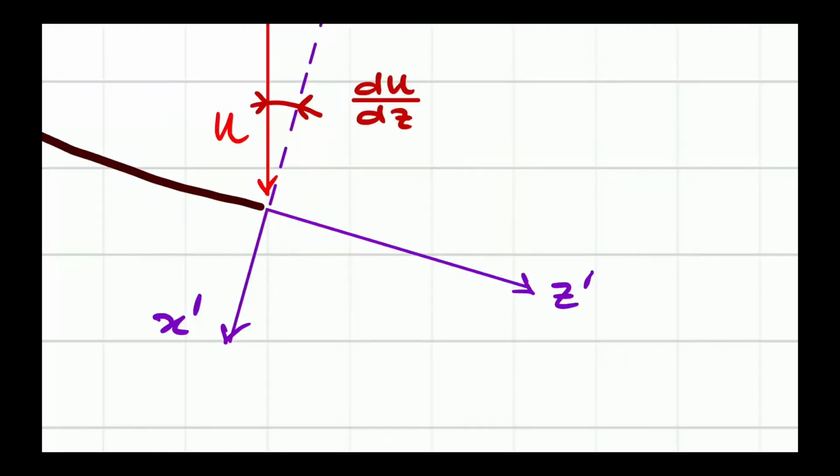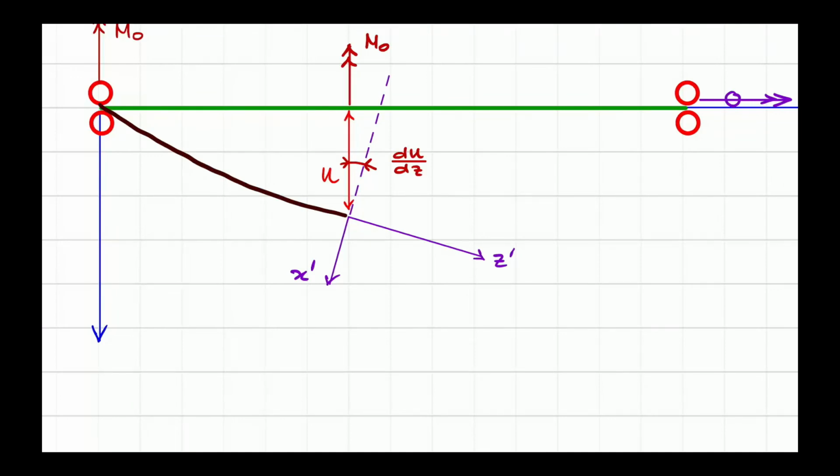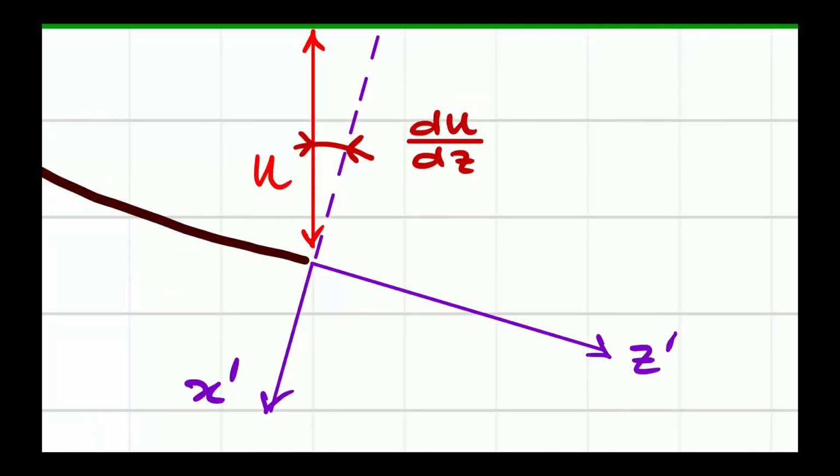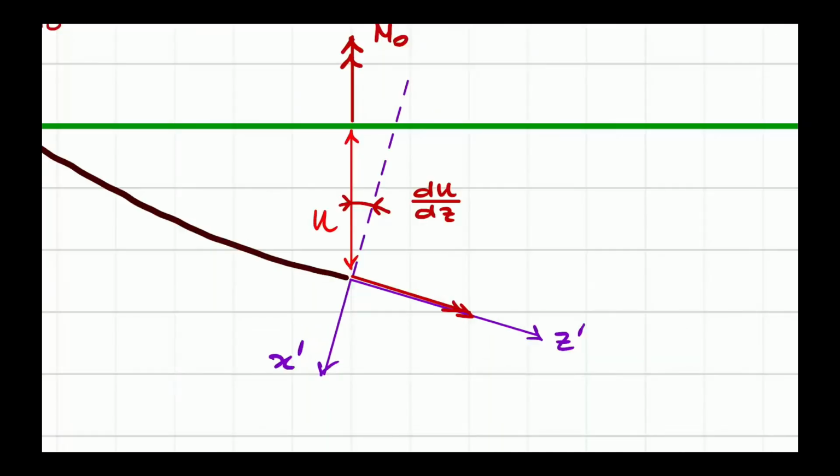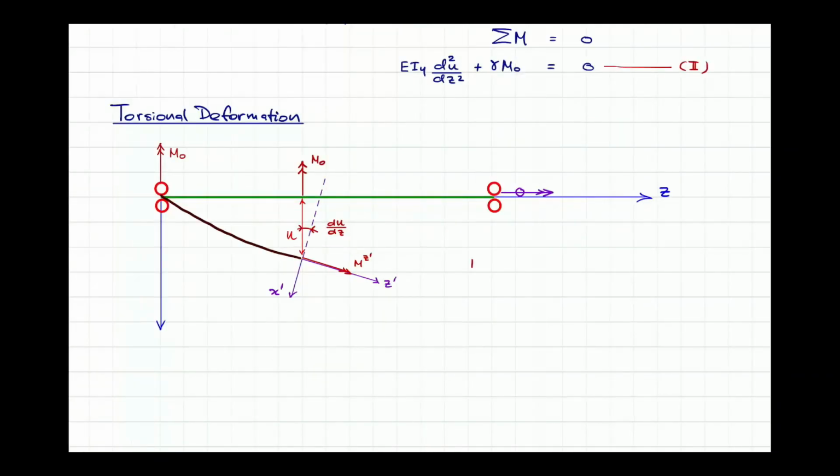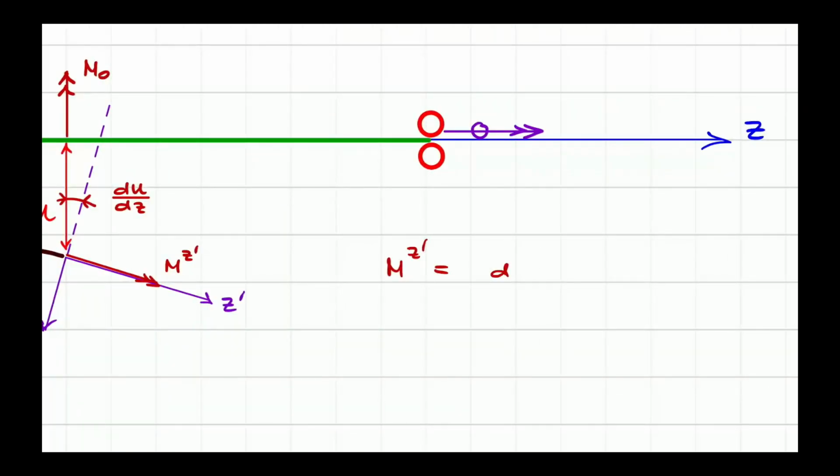So the component of the moment M naught along the Z prime direction is, so the M z prime is given by du dz M naught.